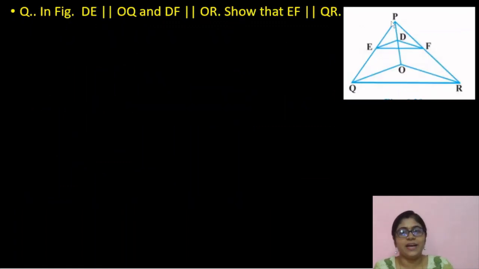In this figure, you can see in triangle PQR, DE is parallel to OQ and DF is parallel to OR. We have to prove that EF is parallel to QR.